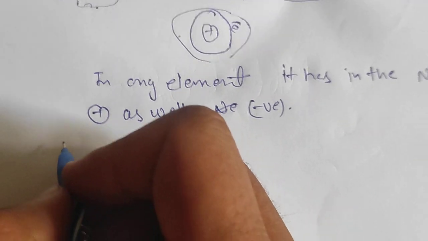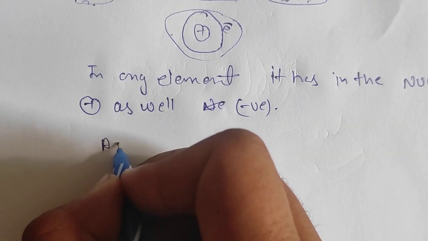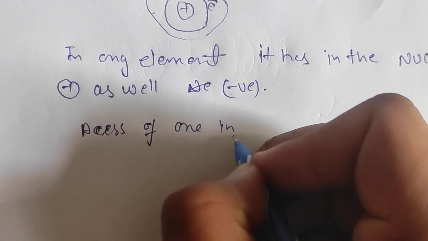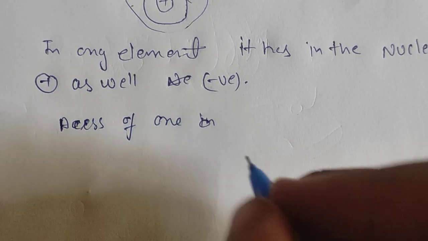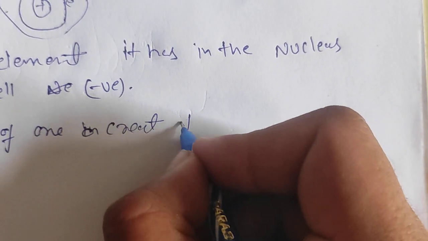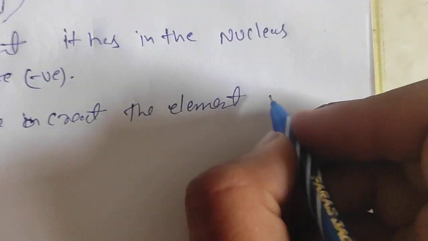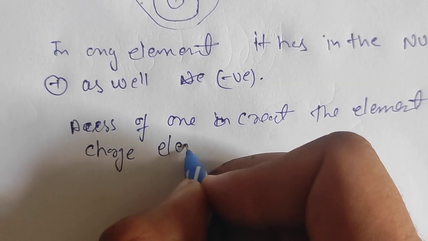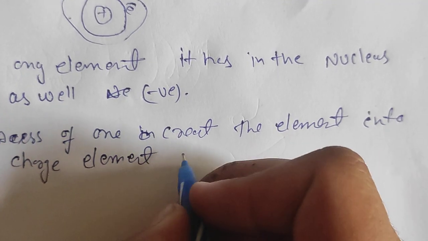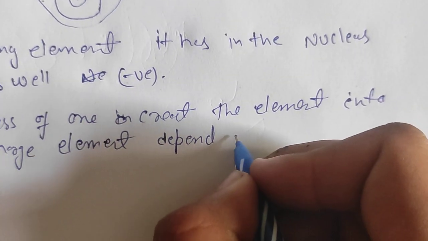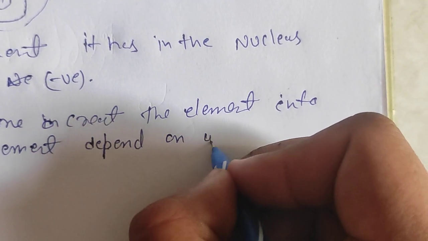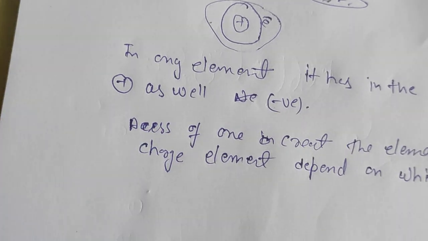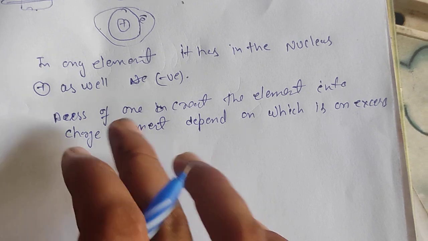An excess of any one creates the element into a charged element, depending on which one is in excess. So this is how it becomes positively or negatively charged.